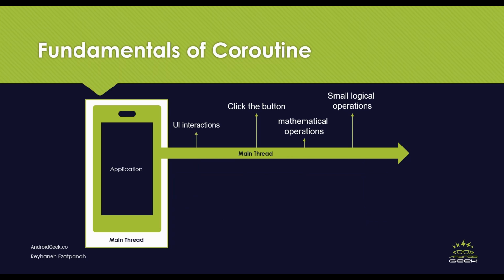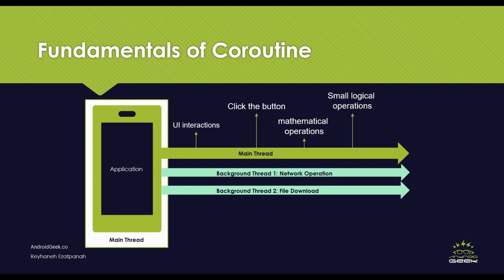Our solution to this issue is that we can create a worker thread or a background thread. And on this worker thread, which is also known as the background thread, we can run heavy operations. We can create a thread to perform a network operation. We can create another background thread to download or upload a file.